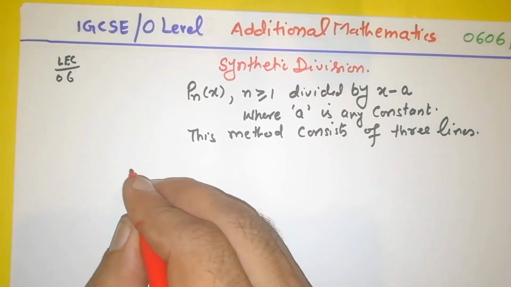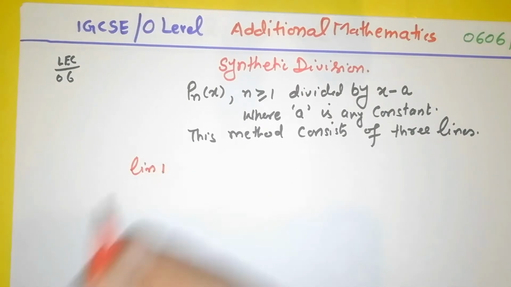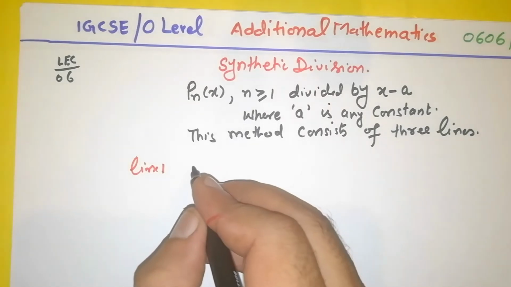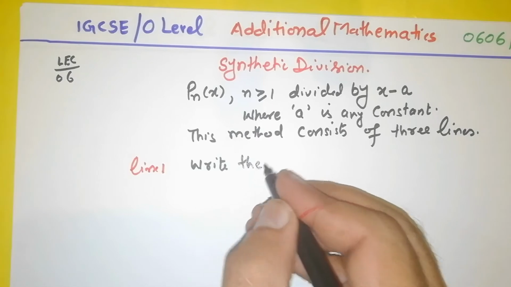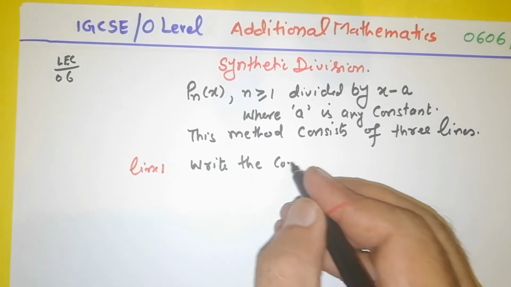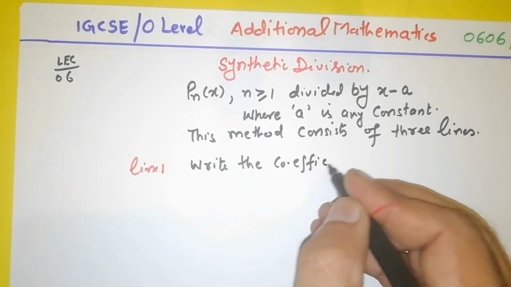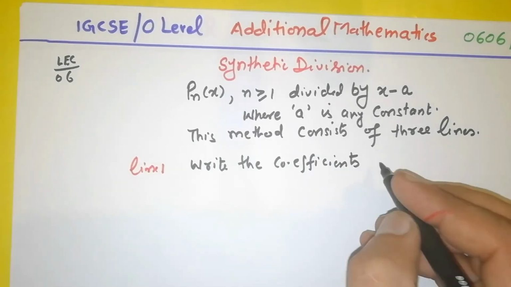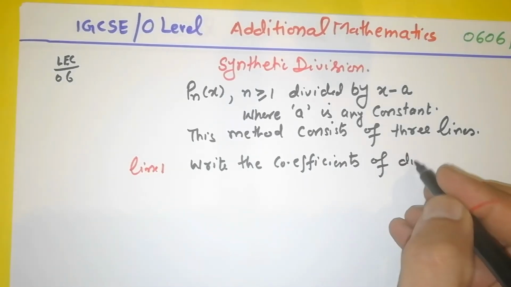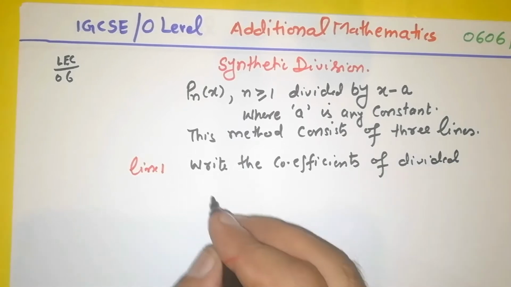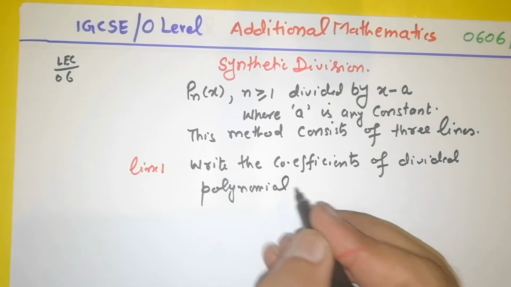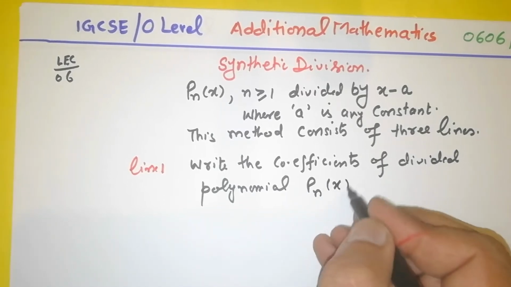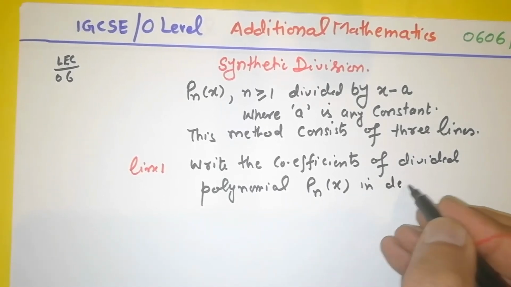In line 1, we write the coefficients of the dividend polynomial in descending order.